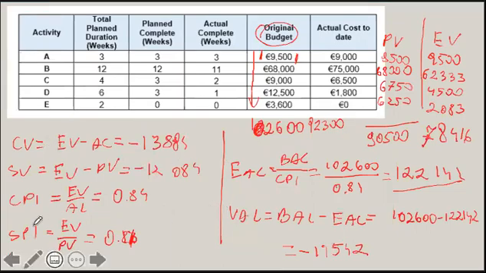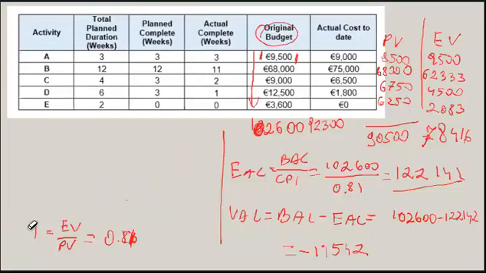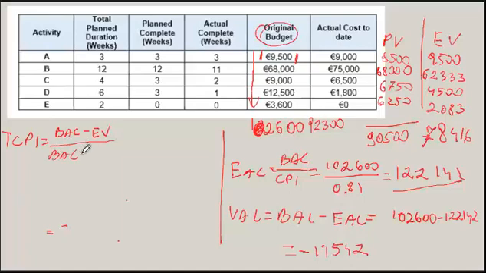So I will erase this side here and do this calculation. Okay, so TCPI is BAC, budget at completion, minus earned value, over BAC minus actual cost.